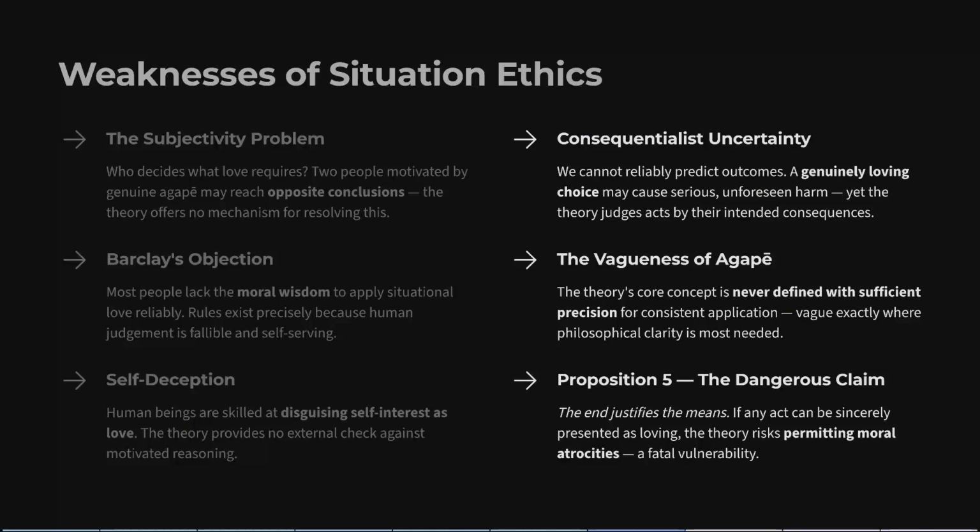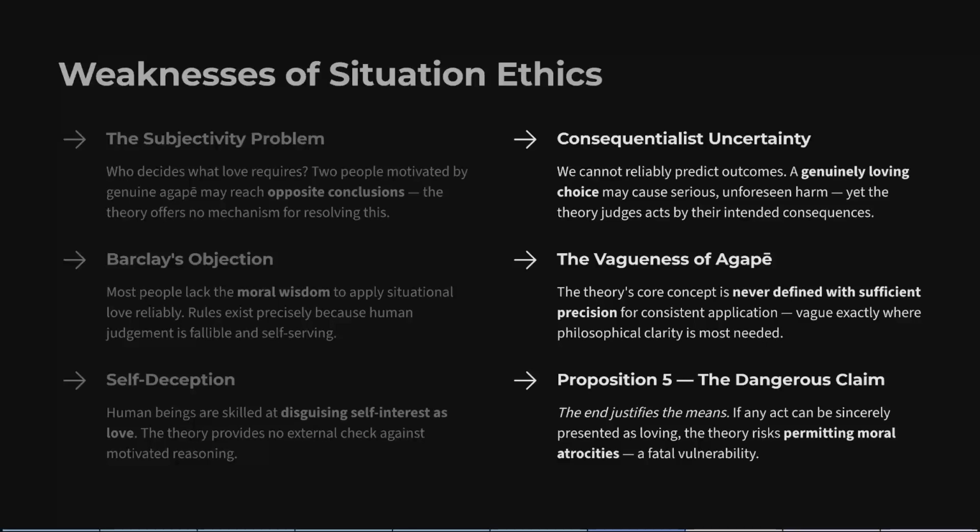And finally, we have proposition 5, the dangerous claim. The claim that the end justifies the means. If any act can be sincerely presented as loving, the theory risks permitting moral atrocities. History offers examples of terrible things done in the name of love.